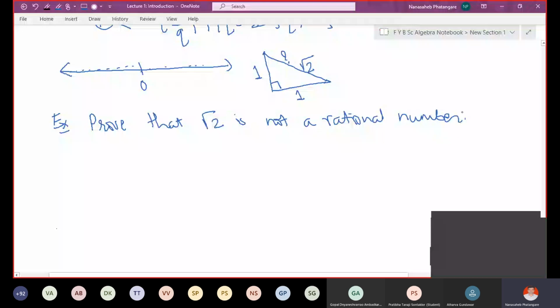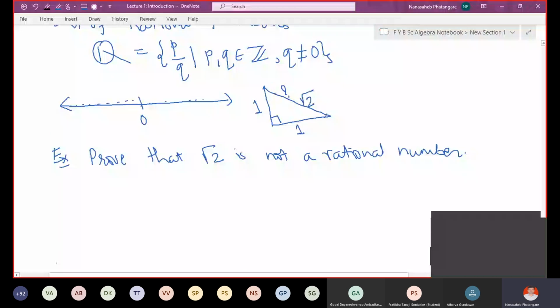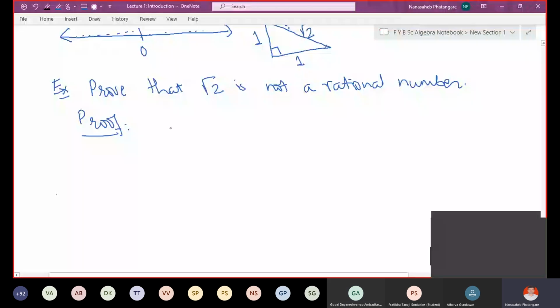Once we prove this, we believe that the length of the hypotenuse is not in the rationals. And then people felt that we need to add more numbers because there are more numbers which are useful. So suppose we want to prove that root 2 is not a rational number. Let us assume that root 2 is rational.